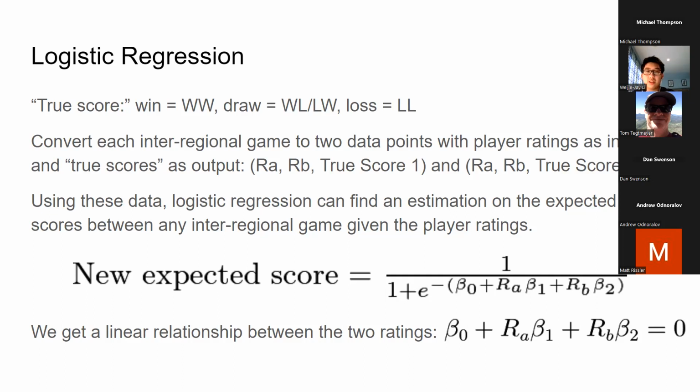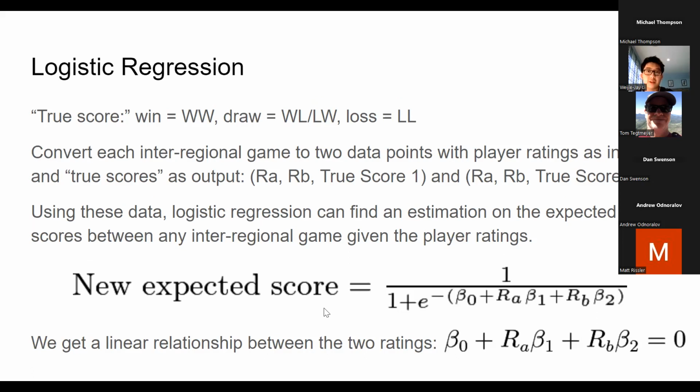Using this, I could convert each interregional game to 2 data points with a 2-dimensional input: the rating of player A and the rating of player B. Using these data points, logistic regression could calculate every expected score using the input of a player with rating RA from Group A and a player with rating RB from Group B. Then I use the fact that because two players with the same playing strength must have an expected score of 1/2 when playing against each other, that means beta 0 plus RA beta 1 plus RB beta 2 must equal 0.